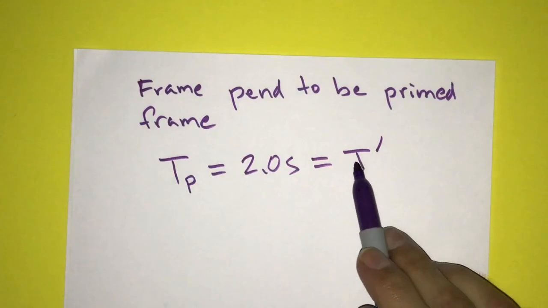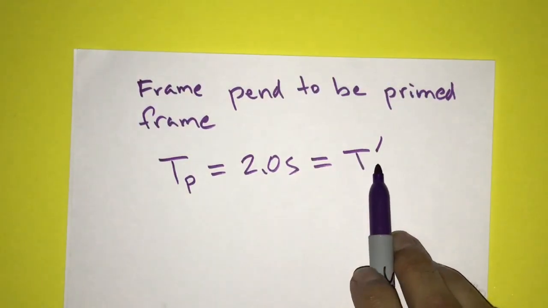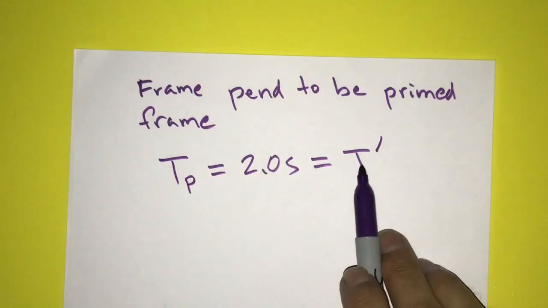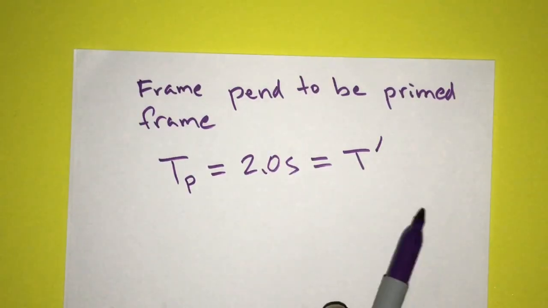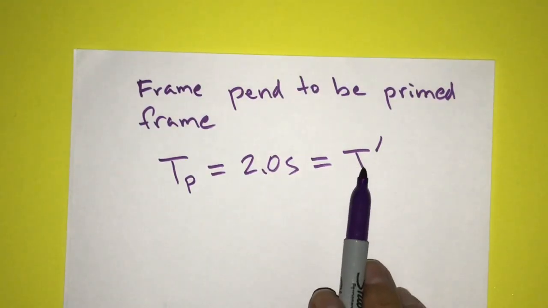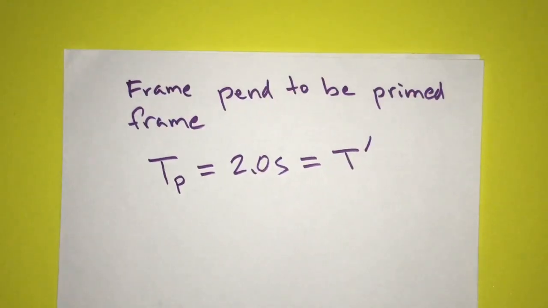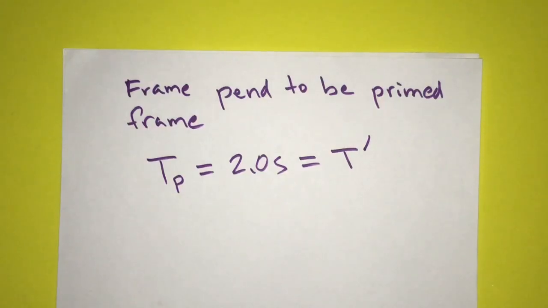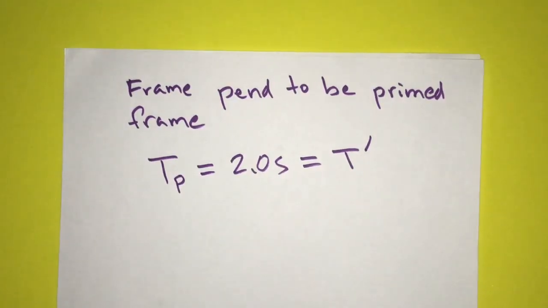And since we're talking about periods of pendulum, that's why we're choosing this to be T, the uppercase T. Also the pendulum measures the proper time because it's present at both events, because it's being carried along with the frame. Okay, so let's see what we would get in this example.